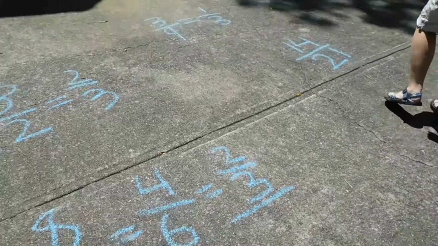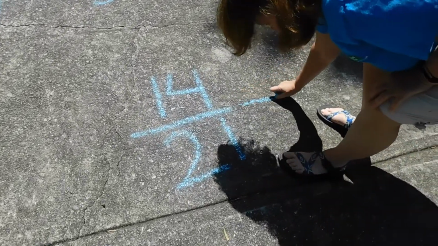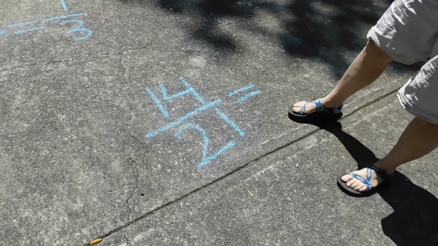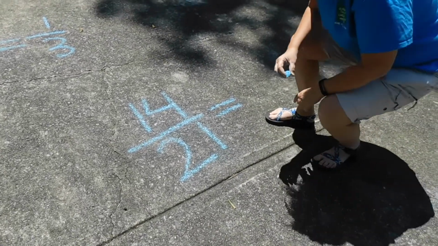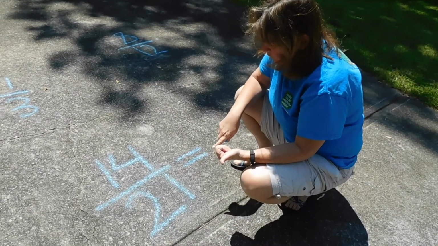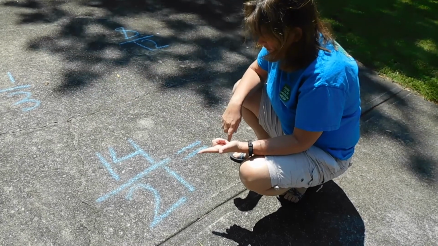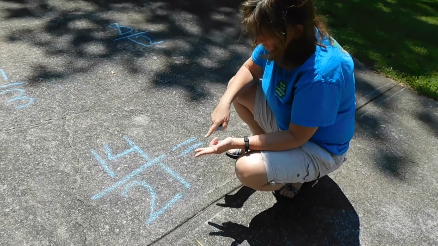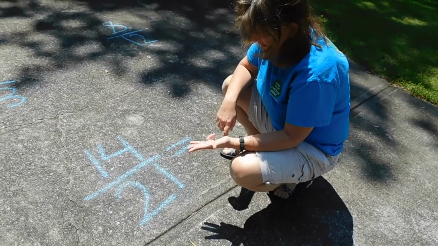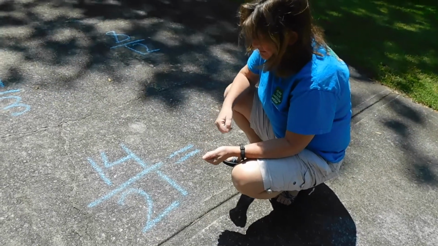Here's our last one. 14/21. That one's going to be tricky. So we're going to think of the biggest number that can go into 14 and into 21. You think about your times tables. 2 doesn't work because 21's odd. 3 doesn't work because 14 doesn't go evenly into it. 4 doesn't work because 21's odd. 5 doesn't work because they're obviously not ending in 0 or 5. 6 doesn't work because 21's odd. 7 works.